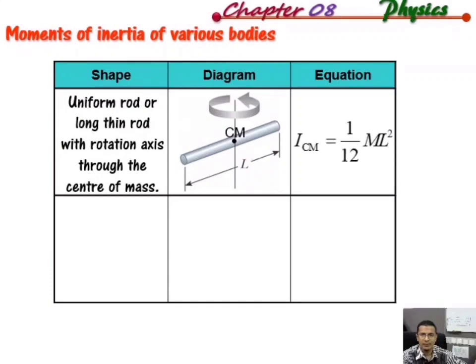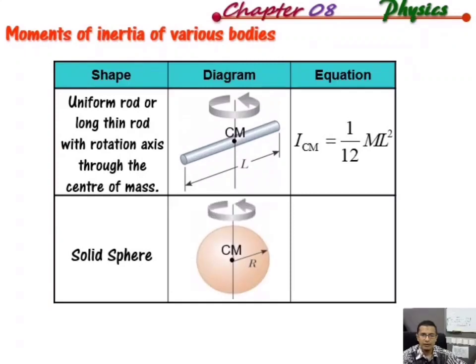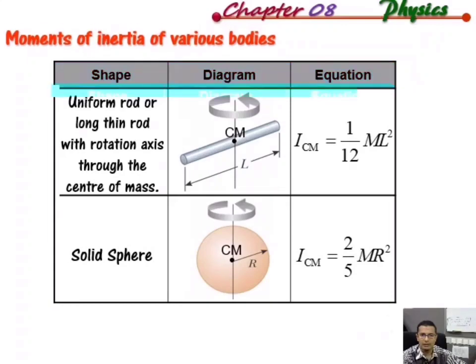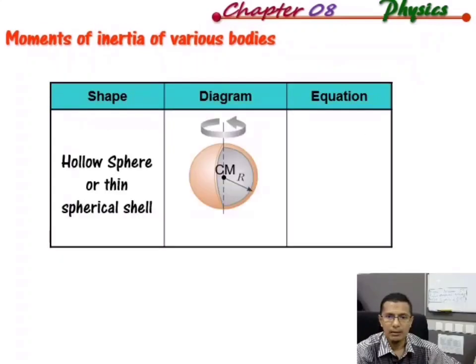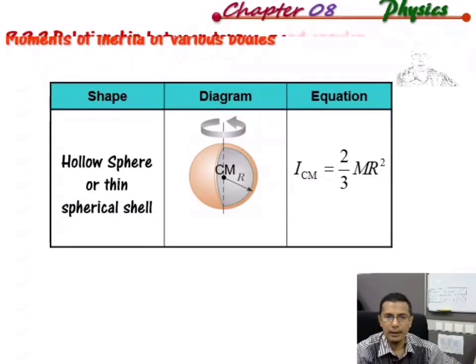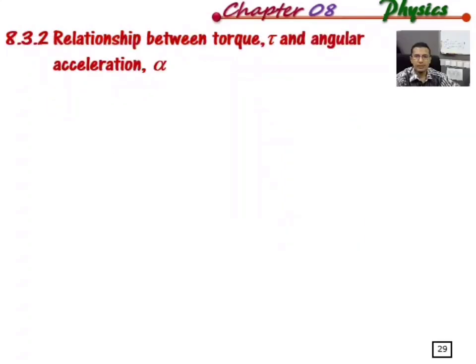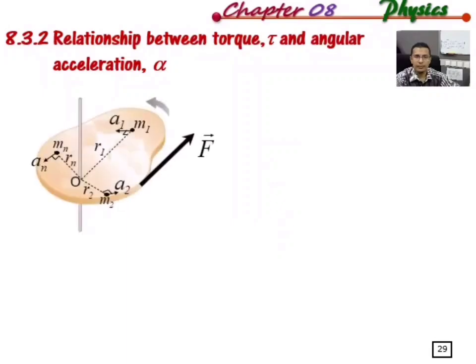It will be 1/12 m l squared. Then we have the solid sphere, which is 2/5 m r squared. Meanwhile, the hollow sphere will be 2/3 m r squared.